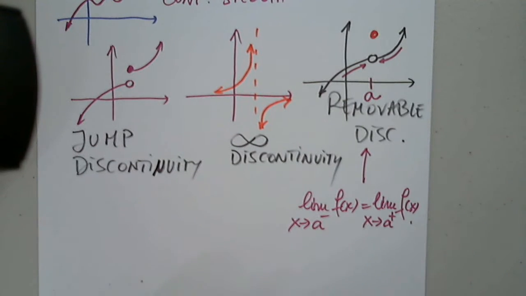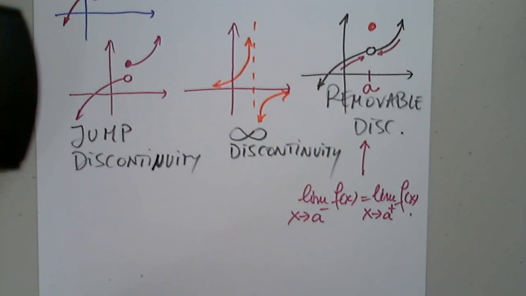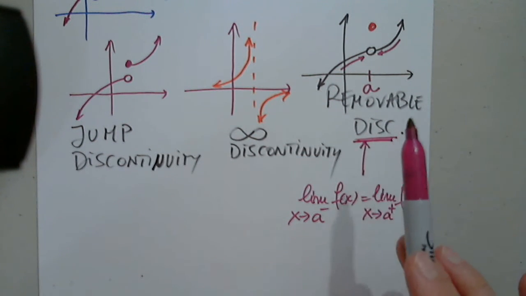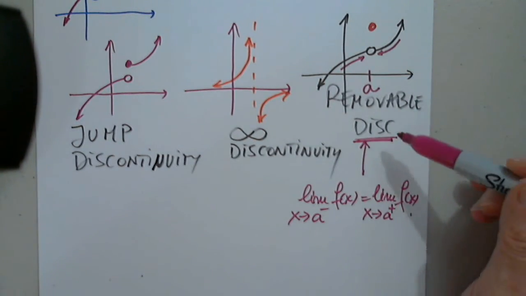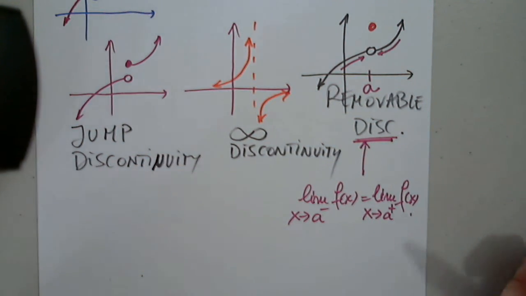So it doesn't have a limit, but it is continuous? Which one are we talking about? The removable discontinuity. A function has a removable discontinuity if, by definition, the limit from the left equals the limit from the right.